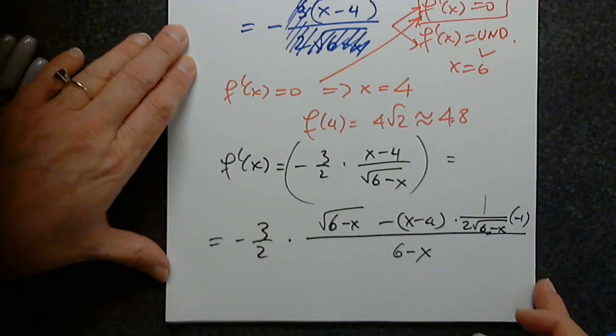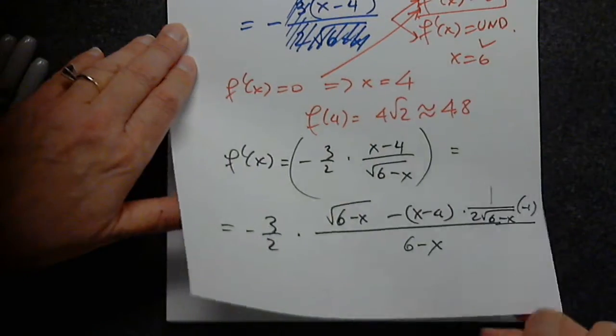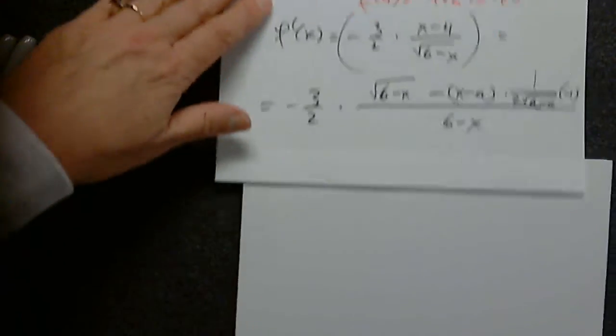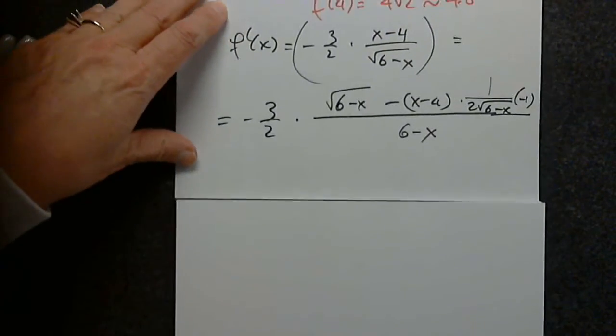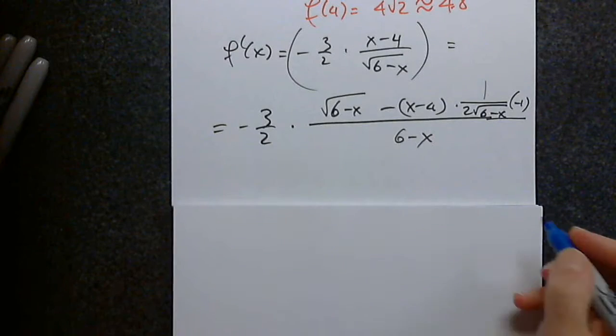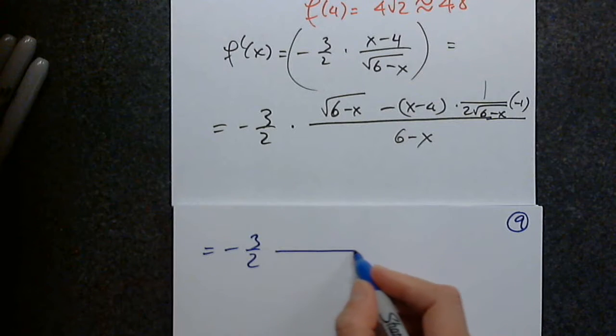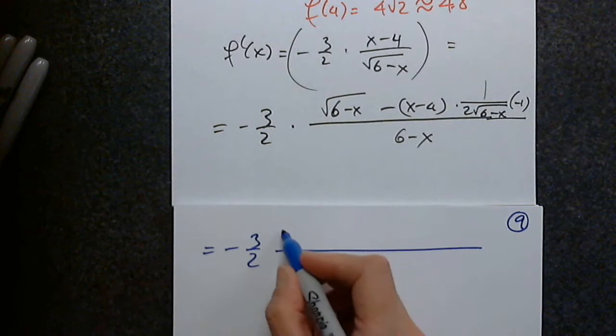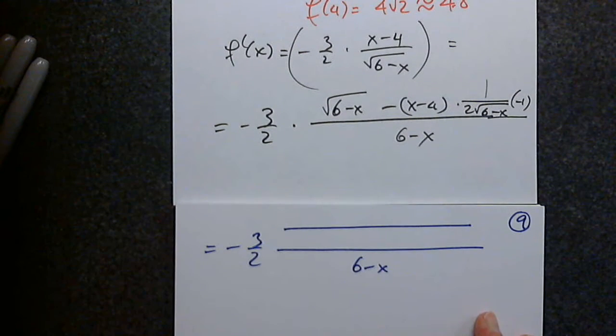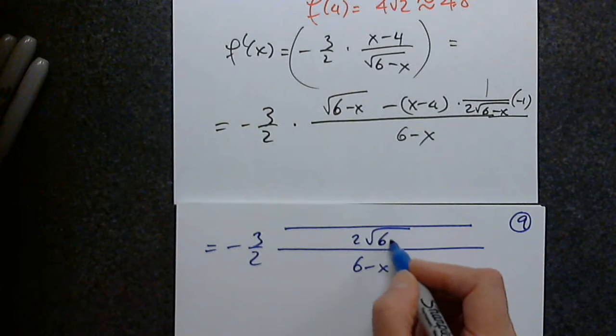Okay, it's a lot of work here. The least common denominator in the numerator, please. Again, the square root of 6 minus x.